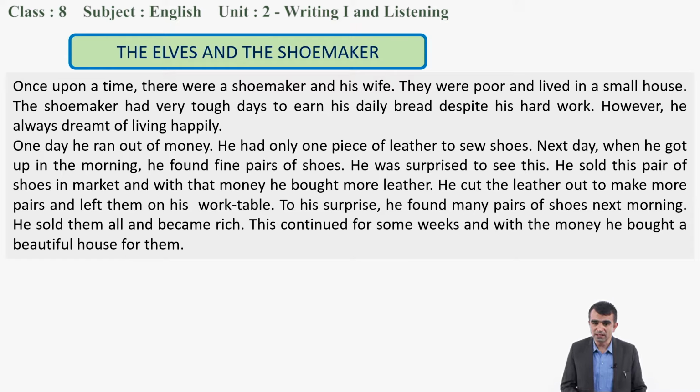He cut the leather out to make more pairs and left them on his work table. To his surprise, he found many pairs of shoes next morning. He sold them all and became rich. This continued for some weeks, and with the money he bought a beautiful house for them.